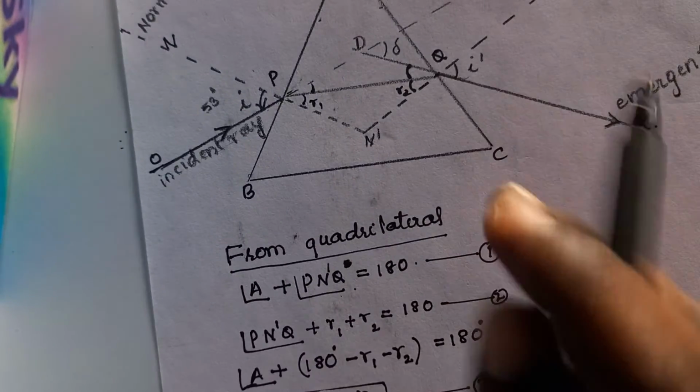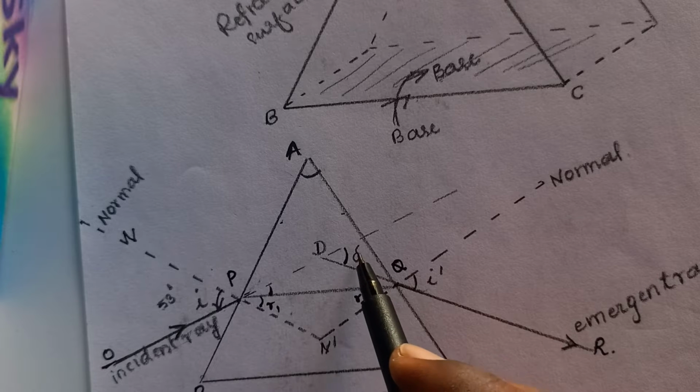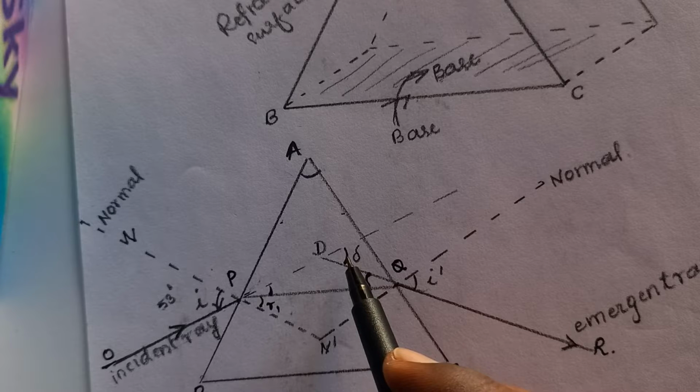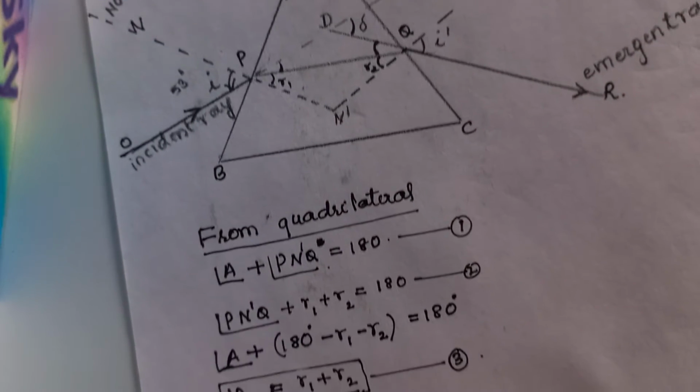This is the exterior angle, that is the angle of deviation. The exterior angle delta is equal to the interior opposite angles sum.